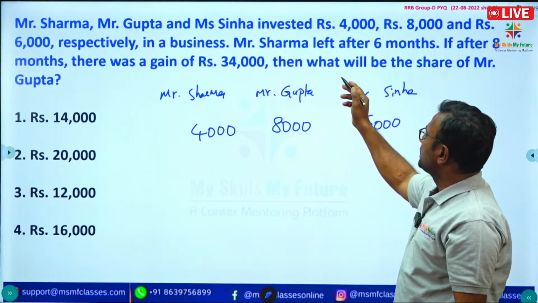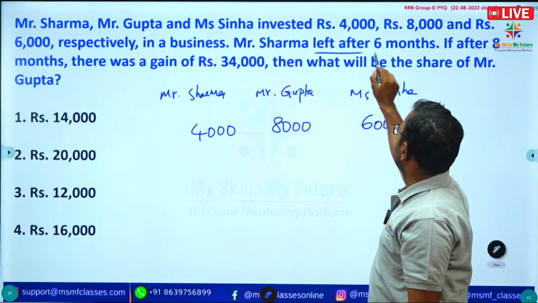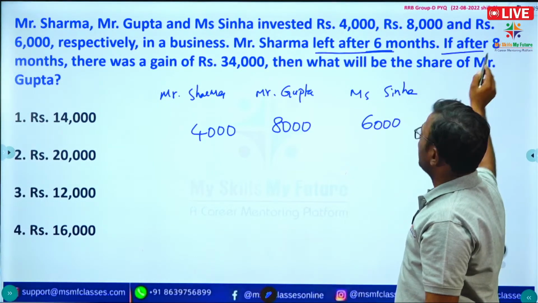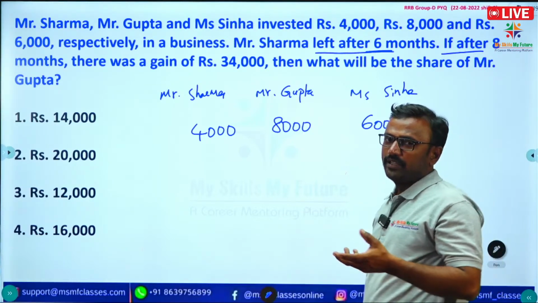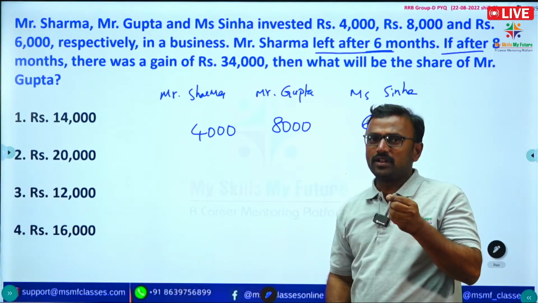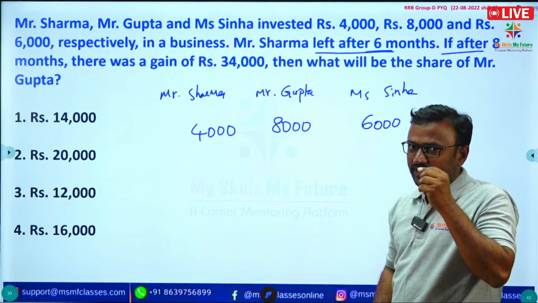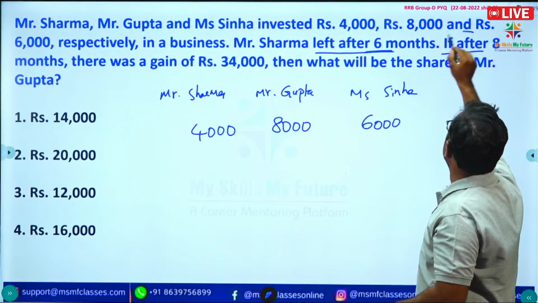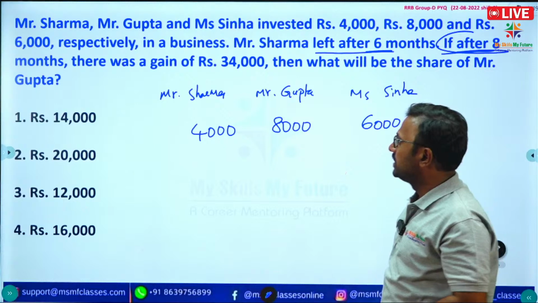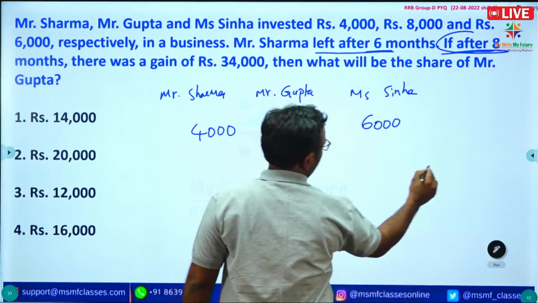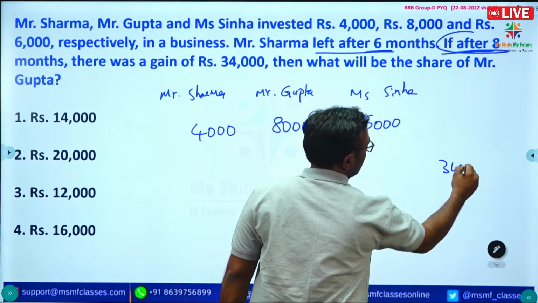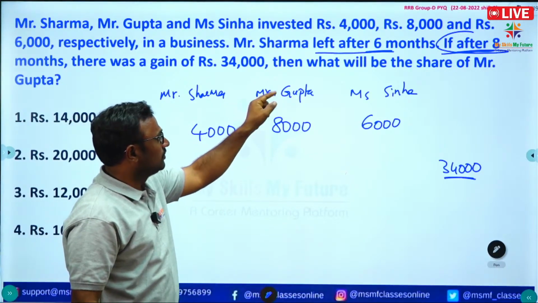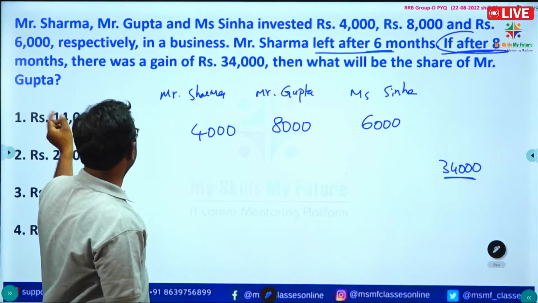Mr. Sharma left after 6 months. If after 8 months, here the time period is also given. If they didn't give the time period, we consider it as 1 year. If after 8 months they gain 34,000, then what will be the share of Mr. Gupta?